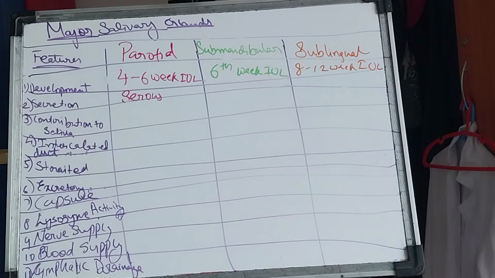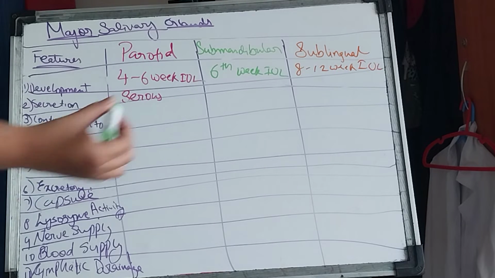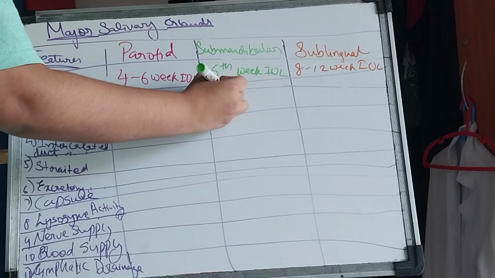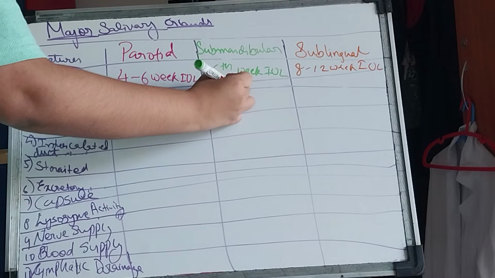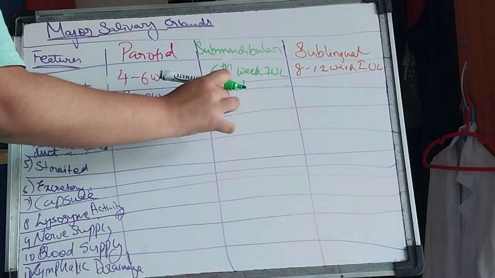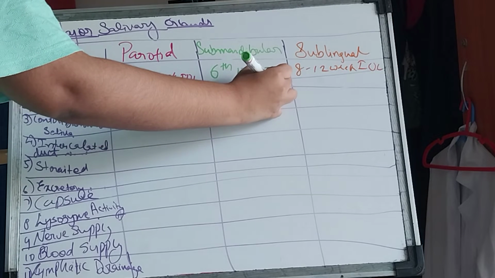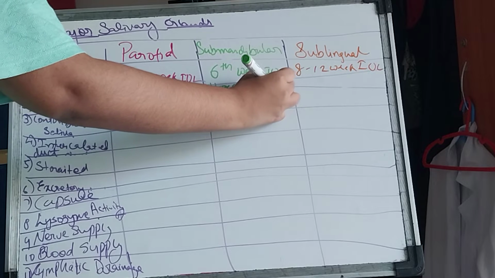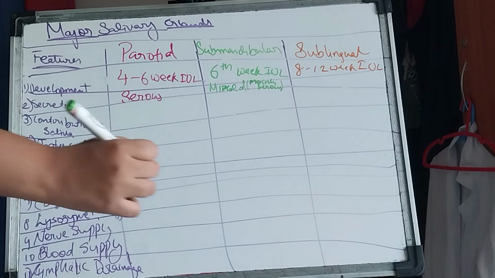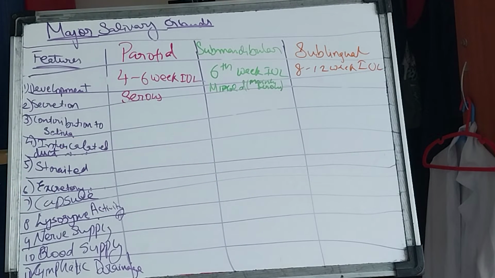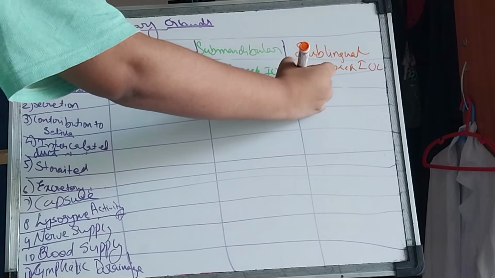And the submandibular, we knew that it is a mixed type, but it was predominantly serous, mainly serous. Then coming on to the sublingual, that was also mixed, but it was mainly or predominantly mucus.